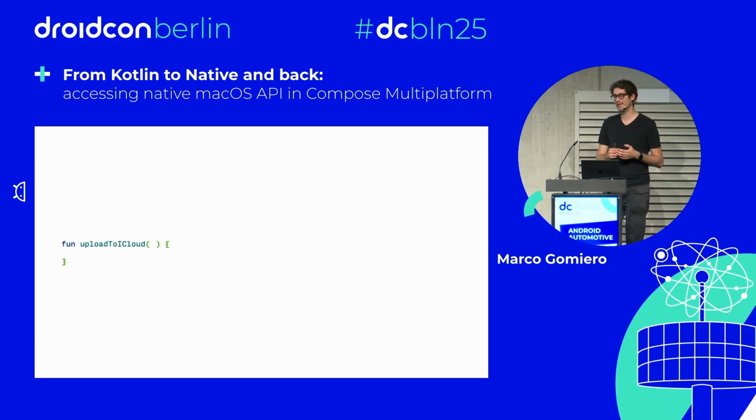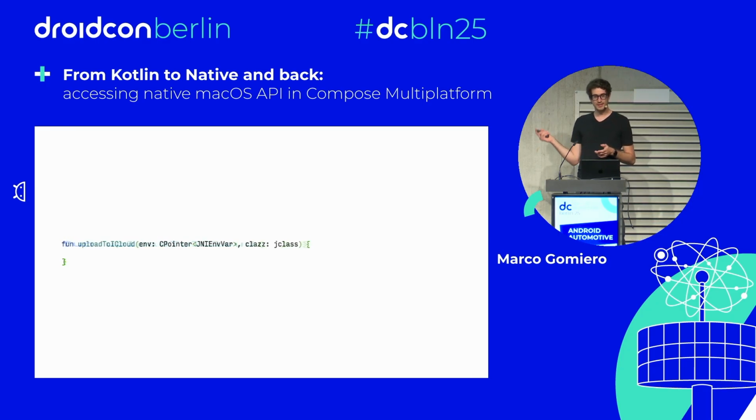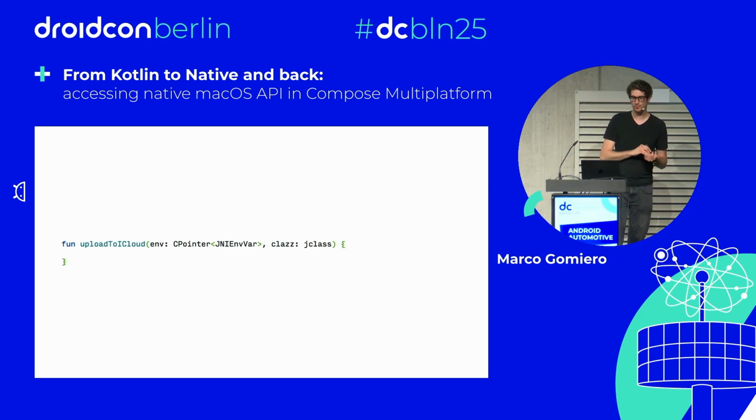And so we just create a simple upload to iCloud function. We need, however, some parameters that are JNI specific and that are required for the JNI to work. I don't need those in my code. We're going to see it, but you need to provide them.